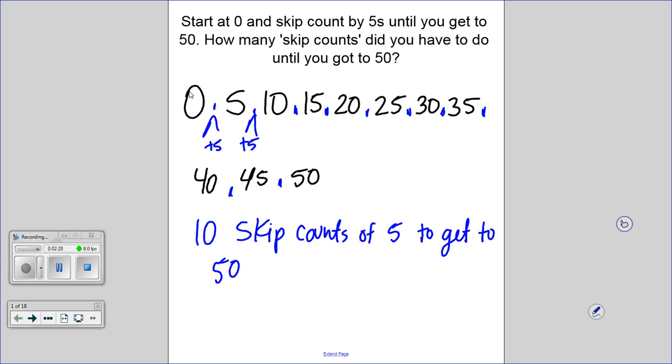Do we understand how I counted my skip count? We don't count each number, the skip count happens in between our numbers. Make sense? So it took us 10 skip counts of 5. We had to skip count by 5 10 times to get to 50.